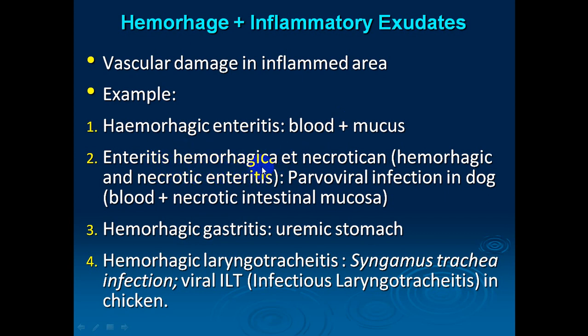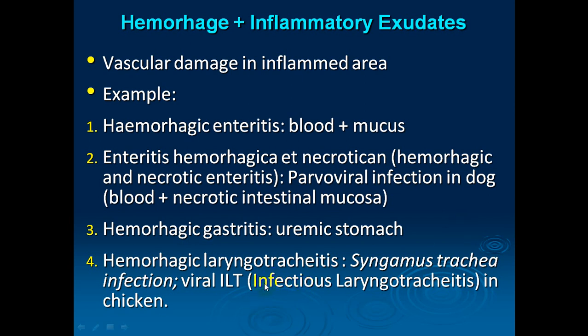and even the blood in hemorrhages during inflammations can also mix with necrotic cells, for example, in the case of parvoviral infections, parvovirus. And then there will also be hemorrhages during uremic gastritis. Okay, uremic gastritis is due to high contents of blood urea nitrogen in the body. That's very harmful to the body, causing erosions and then hemorrhages as well.